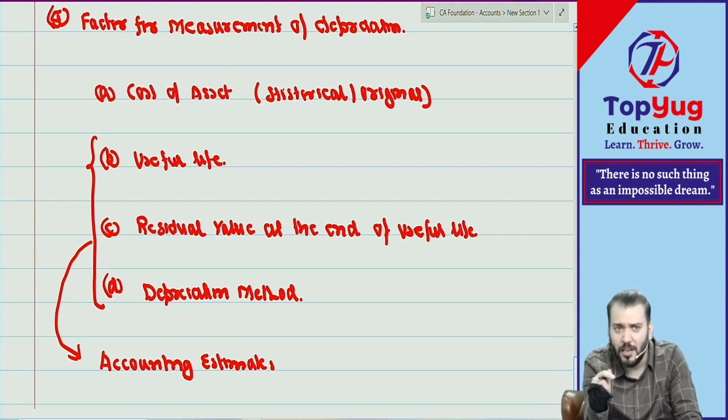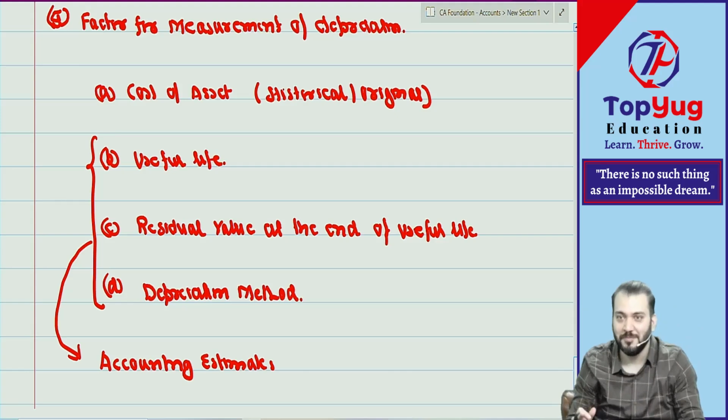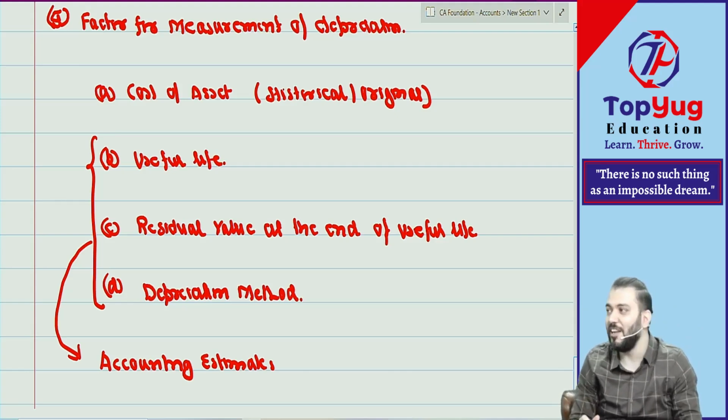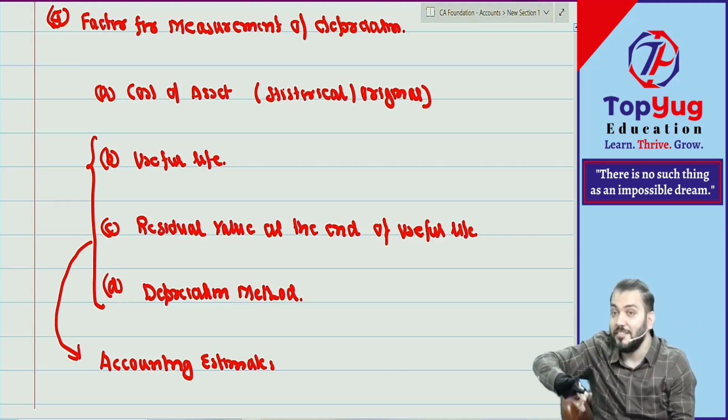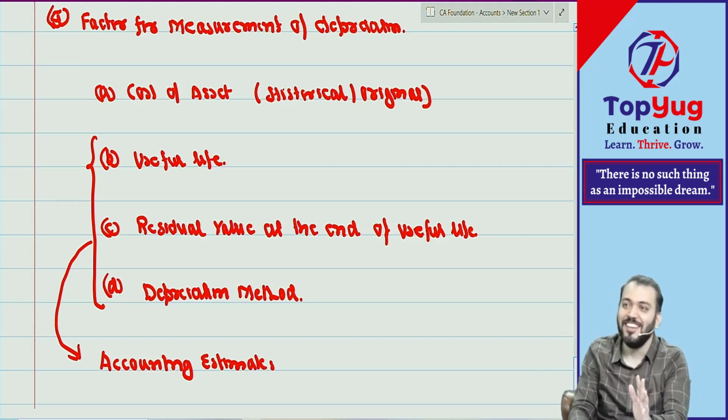If you ask me, I am a Jyotisi, so I will estimate. You ask sir, what is my life? 100 years. Estimated? It may be either correct or 99% wrong. So this is estimated.